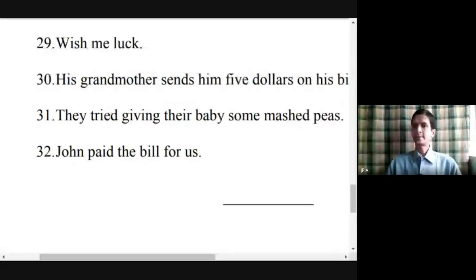So I think this exercise will make it very clear to you. I hope everything is very clear. Any questions? Any doubts? Okay, no questions.